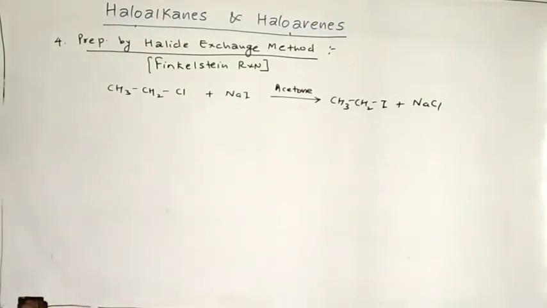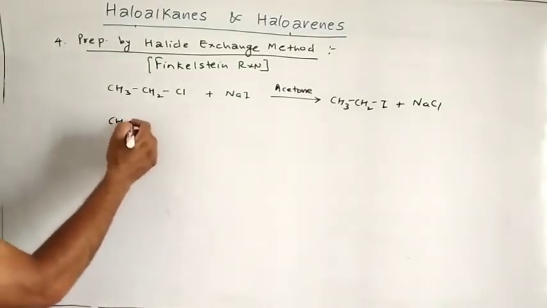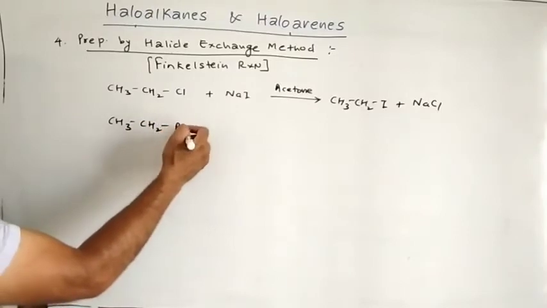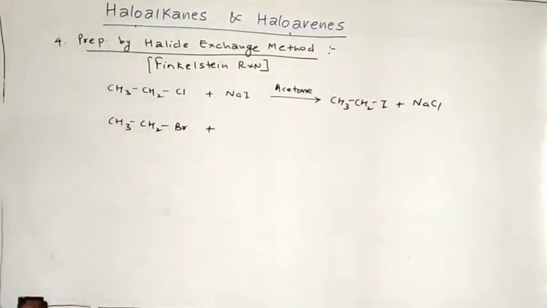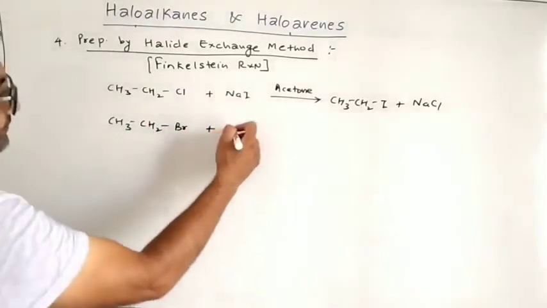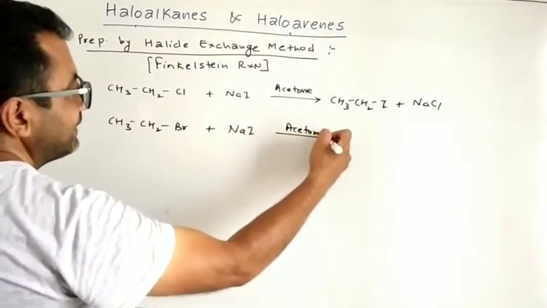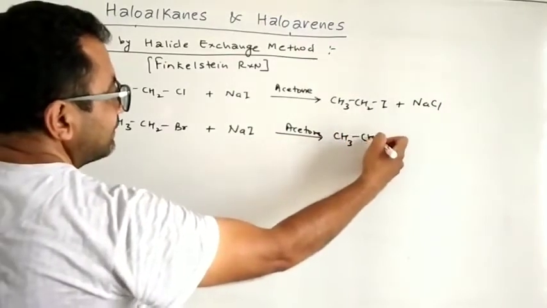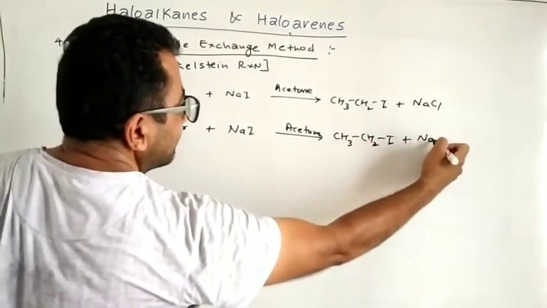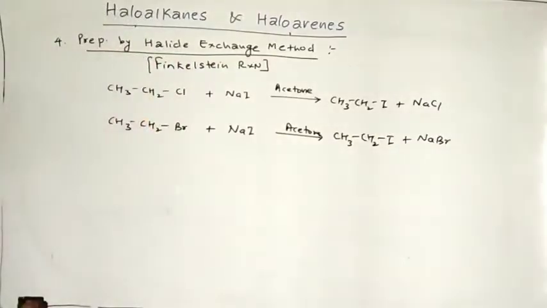Suppose we have a bromoethane. This can be replaced by sodium iodide in the presence of acetone. We get iodoethane plus NaBr. So these NaCl and NaBr are very little soluble in methyl alcohol or acetone, so they can be removed easily.